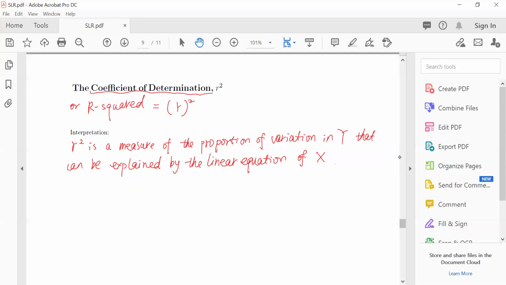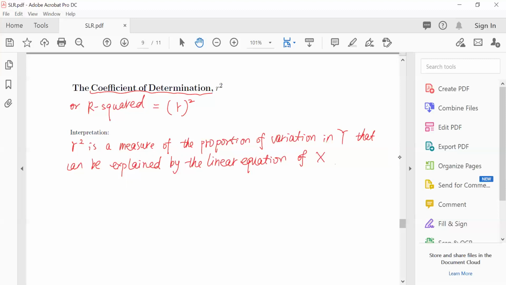One is the variation of y that could be explained by its linear relationship with x. The other part is some other random reasons or errors or anything that cannot be explained by the linear relationship between x and y.